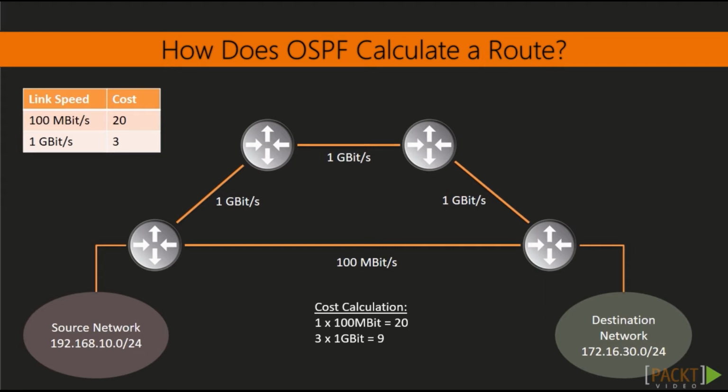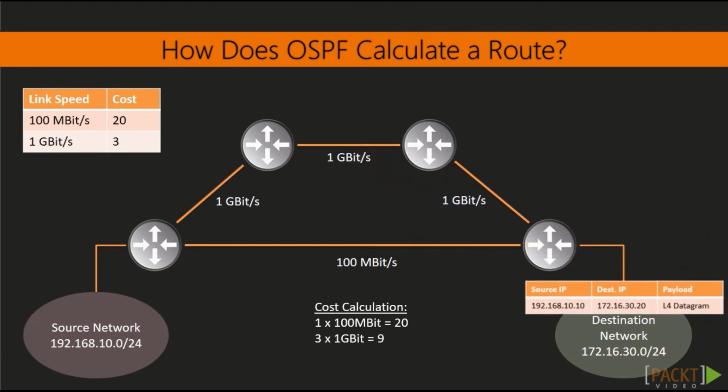So if everything is up and running, the left router, if we are going to talk to a destination network, always uses the northern route. And that's exactly what's going to happen. If we have an IP packet traveling from our source network to the destination network, it is sent to the router, the default gateway, and it takes the northern route because it has less cost.